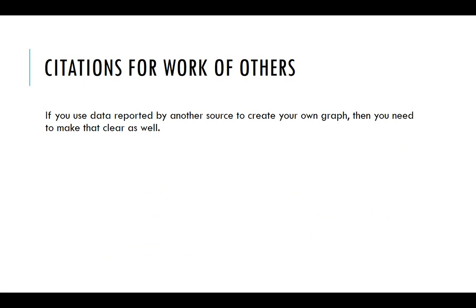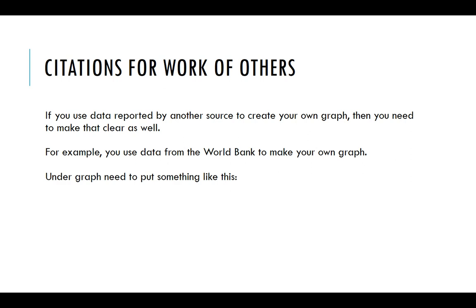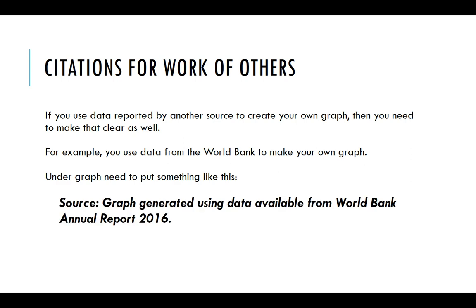Now, if you use data reported by another source to create your own graph, then you need to make that clear as well. So as an economist, sometimes we go to the World Bank. They have some fabulous data sources, and we collect lots of data from them. All right. So I go to the database for the World Bank, and from that, I make my own graph. And when I do that, under the graph, I need to put something like this.